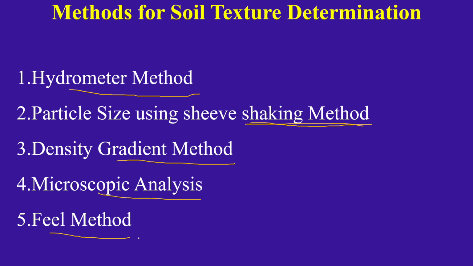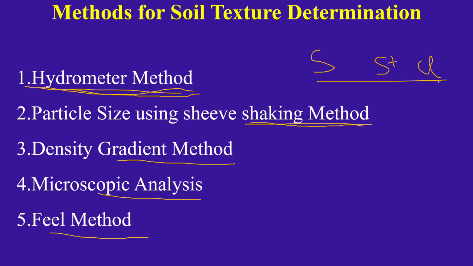Using these different methods, you can determine the percentage of sand, silt and clay. The hydrometer method is one of the important and also very accurate methods for determination of the percentage of sand, silt and clay.